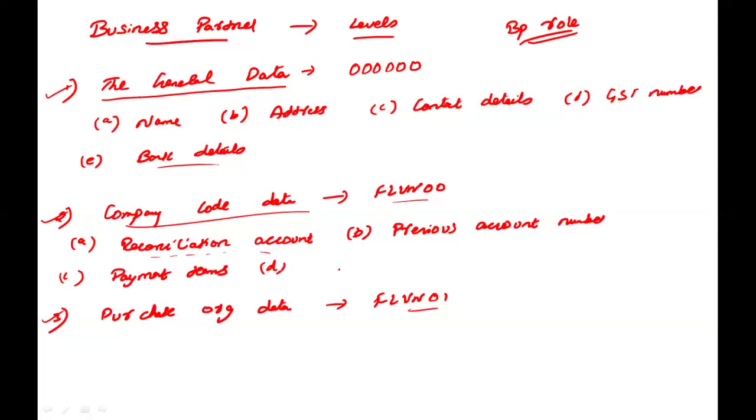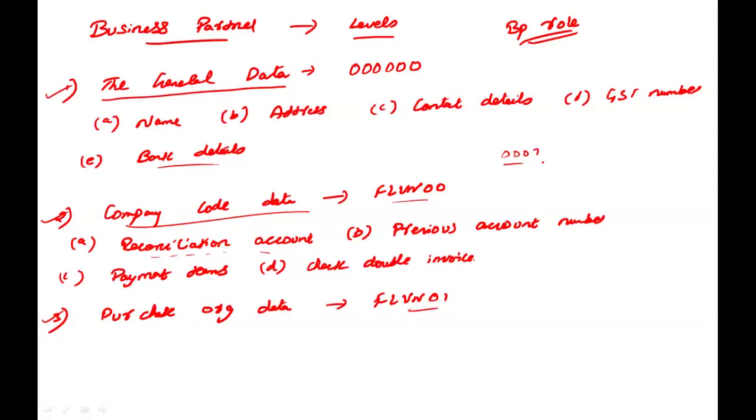Then we have the check double invoice. Check double invoice is one more important field which is going to help us if I'm going to post a double invoice. For example, I am making a purchase with a vendor. Now the vendor has sent an invoice with the number 0001. I posted this invoice in the system.